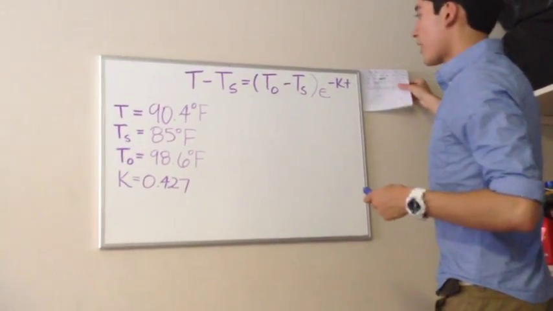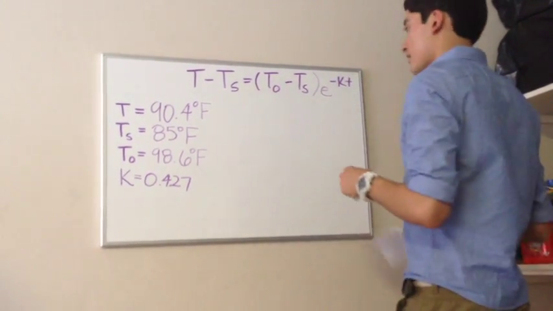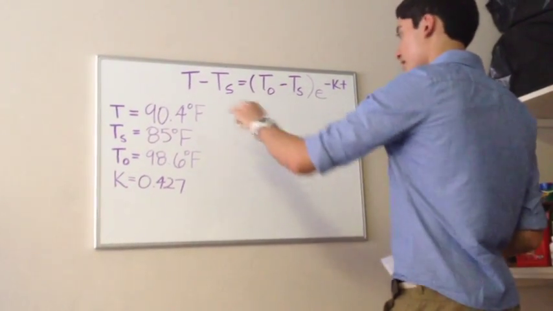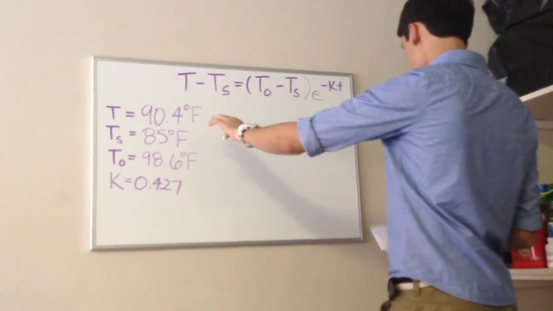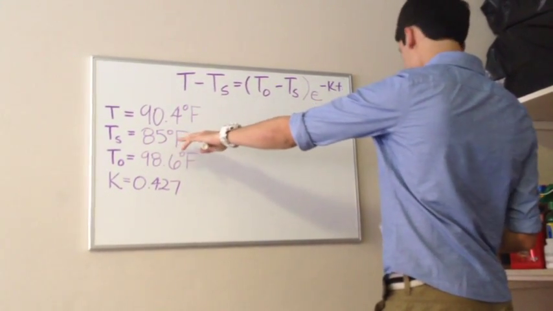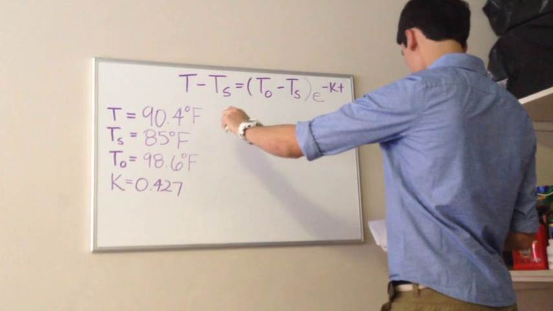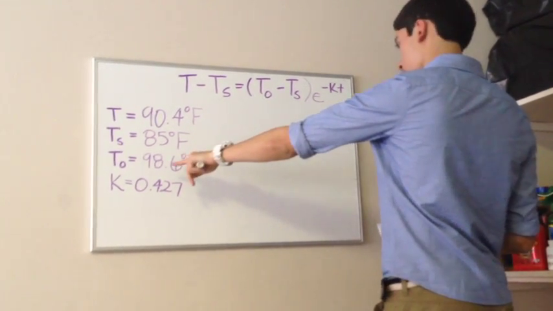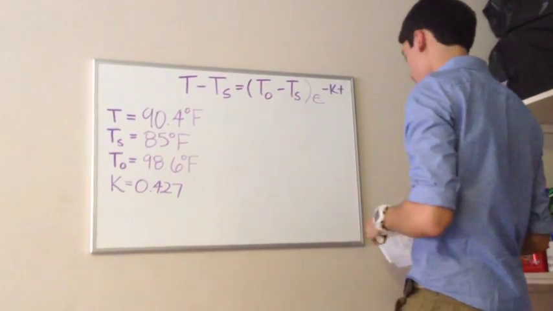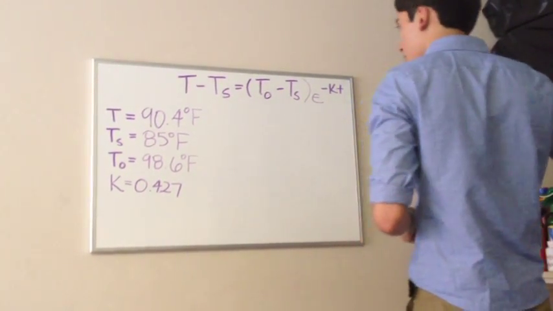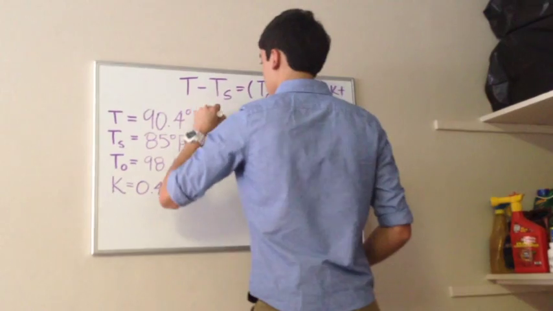Okay, so now that we have the rate k, we can find out the time of death. This time, T is 90.4 degrees at 3 a.m., but the temperature of the room remains the same at 85 degrees. And now the temperature To is 98.6, the average human body temperature. So now we're going to plug these numbers in.